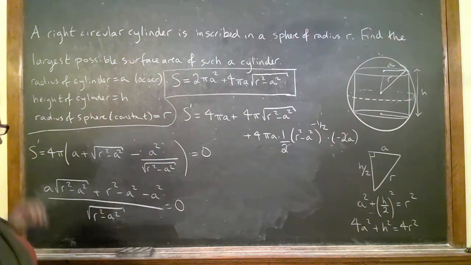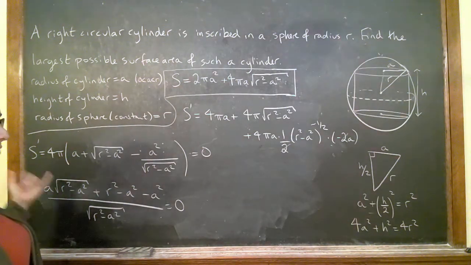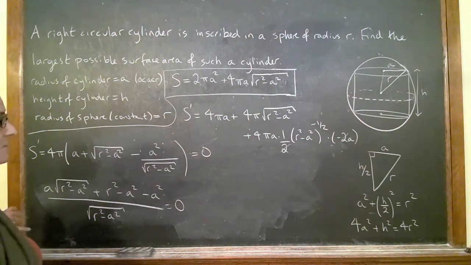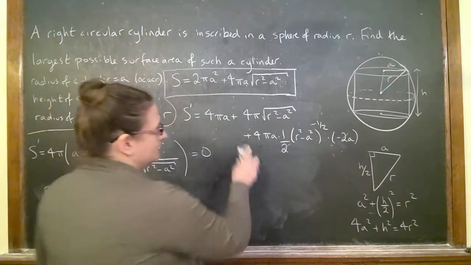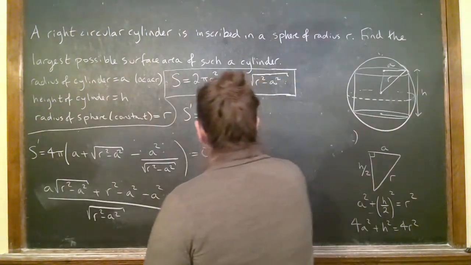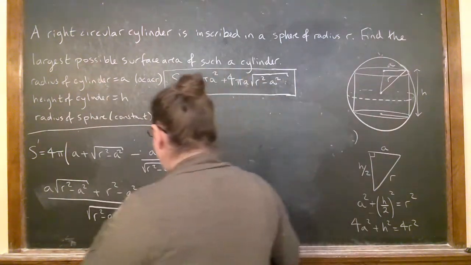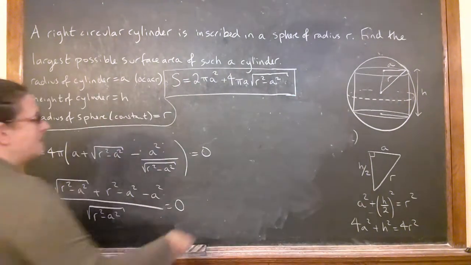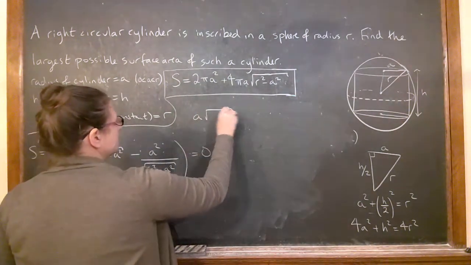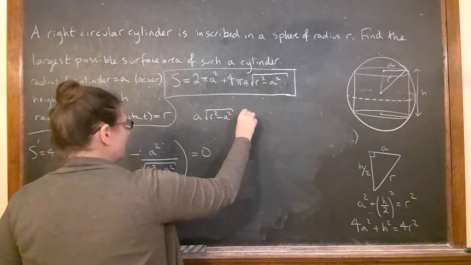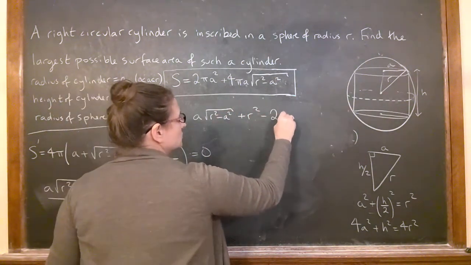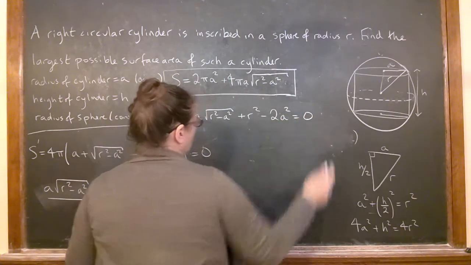All right, so I need to find the point in the middle where I'm going to have the maximum surface area. So I want to find where a times the square root of r squared minus a squared plus r squared minus 2a squared equals 0.